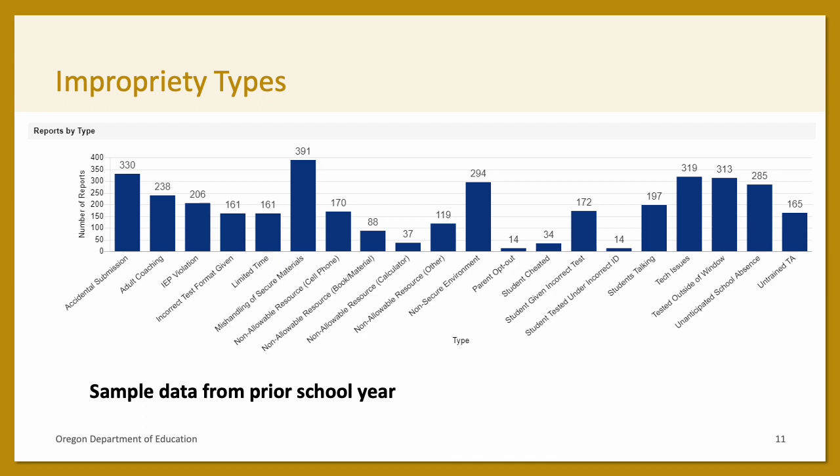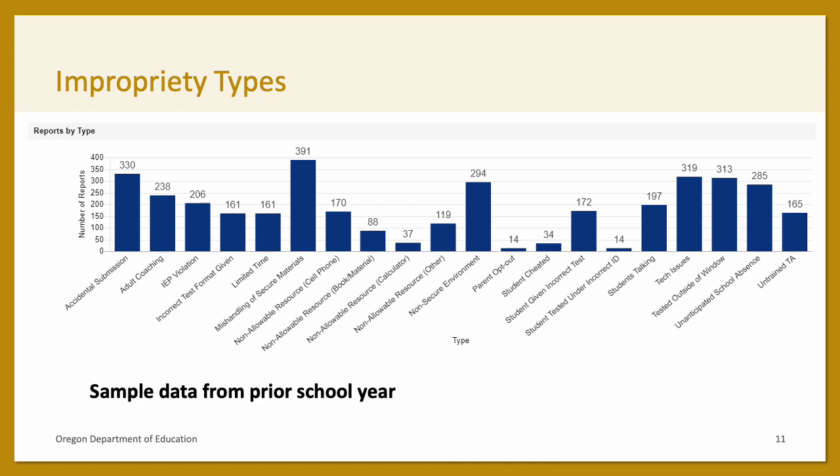ODE tracks the type of impropriety reported in an effort to understand the critical areas of concern that can be emphasized during training. The most common improprieties are mishandling secure materials, accidental submissions, technology issues, and testing outside of the test window. While all improprieties are concerning, we continue to receive reports of non-allowable resources being provided as well.